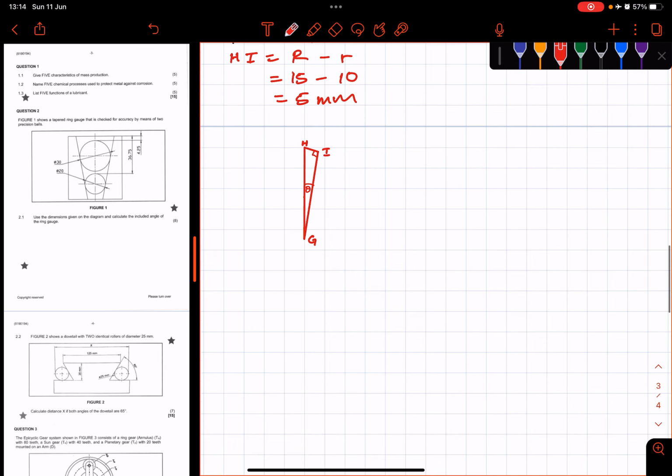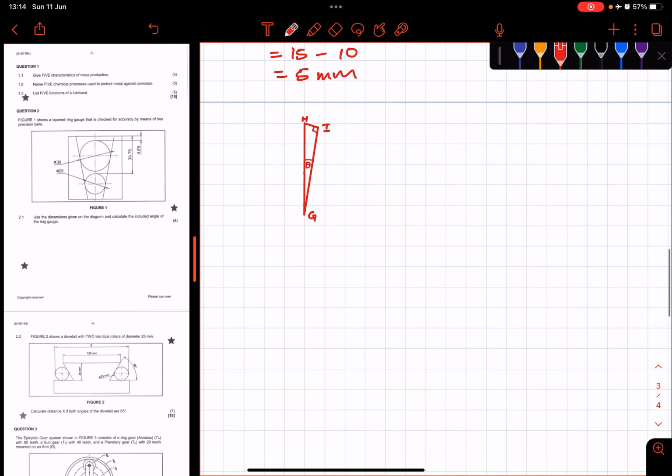Now in this triangle, from this triangle we have HG and we have HI, so we can get theta. HG is the hypotenuse. The side we are looking for is opposite the angle. So the trig ratio that we are going to use is sine. So sine theta is equal to the side opposite the angle, which is HI, over the hypotenuse, which is HG.